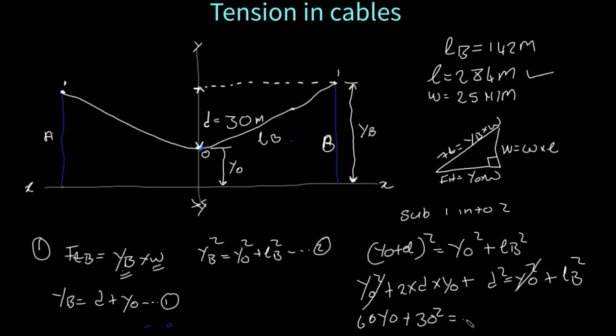Then we move to the other side of the equal sign. We cancelled this out, and then we are left with this LB, which is 142 squared. The only unknown in this equation now is YO, so we are going to solve for YO. Let's remove some things here and create some space.